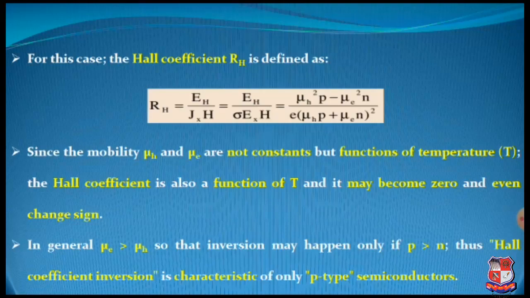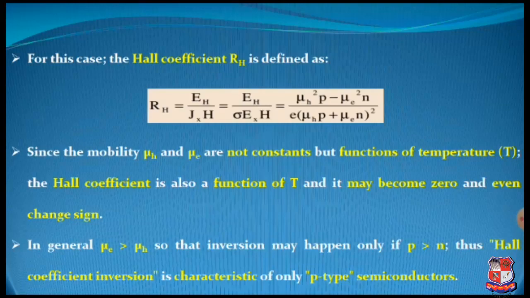For this case, finally, the hole coefficient is defined as RH is equal to Eh upon Jx into H. Substituting the value of current density, that is equal to Eh upon sigma Ex into H. The final equation will be mu h square into p minus mu e square into n, divided by e into mu h p plus mu e n whole square.